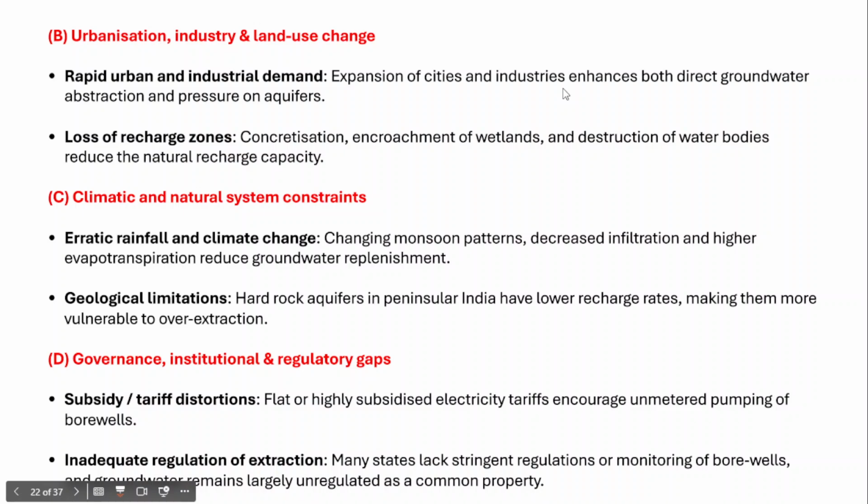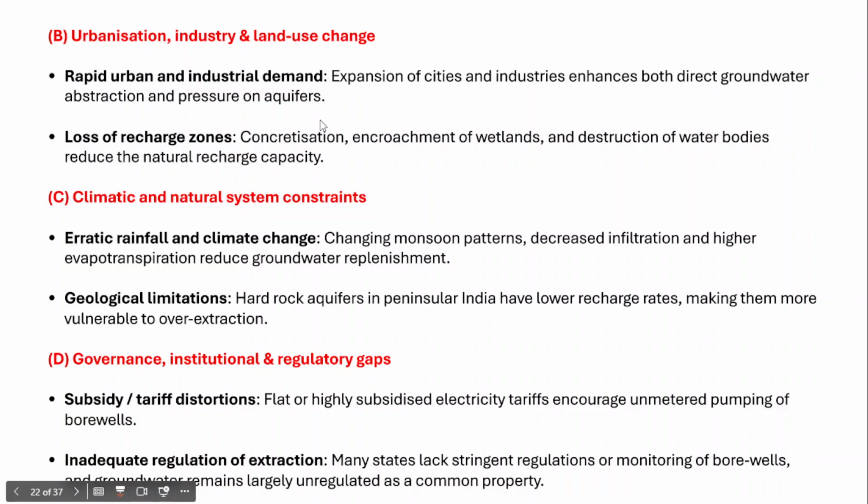Cities are extracting groundwater resources without any limits, and industrialization has also increased pressure on the existing aquifers because of the exploitation of groundwater resources. Apart from that, there is the loss of recharge zones as well. Why? Because in urban centers, everywhere there is concretization, they are called concrete jungles, with encroachment of wetlands and destruction of water bodies.